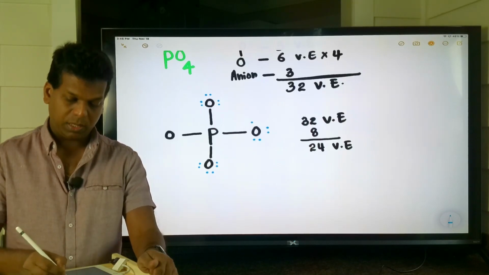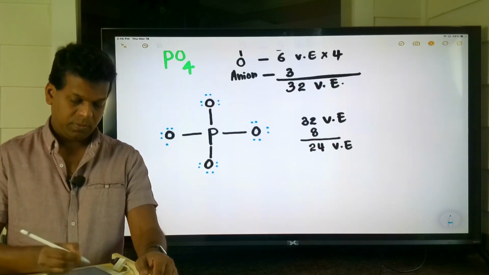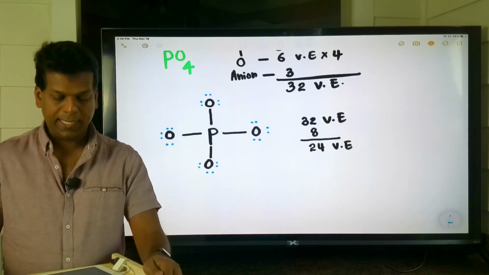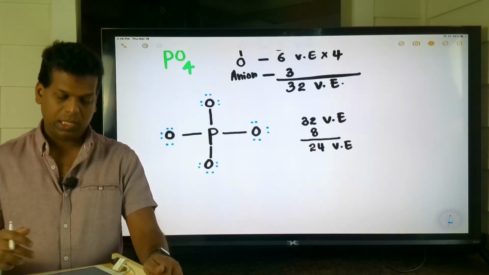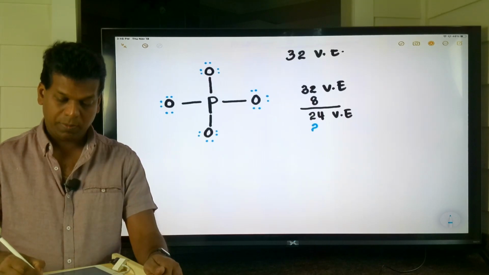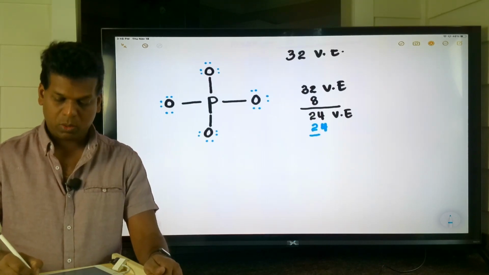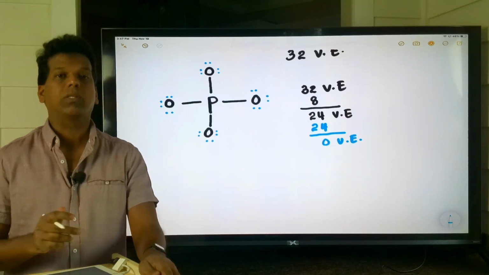I can do that because I do have plenty of electrons. So now I have placed 24 electrons, 6 times 4, on the terminal atoms. Initially there were 24, and then I placed all 24. Now I don't have any valence electrons left.